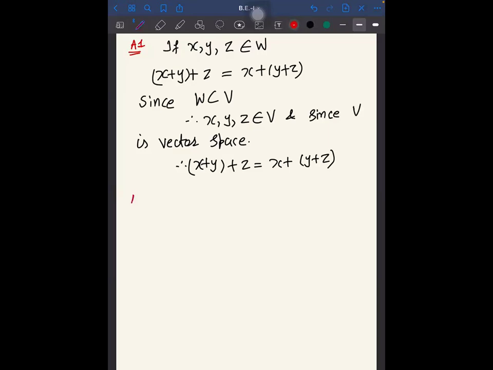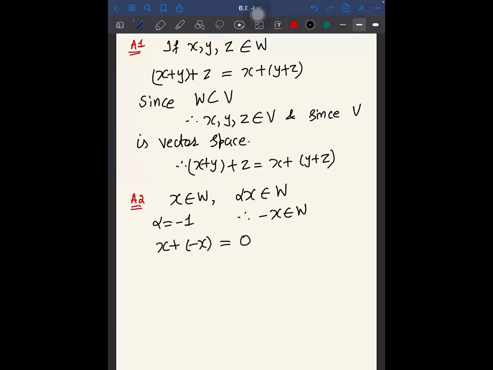Now see this. If X belongs to W, it is already given that it satisfies the scalar multiplication rule. So in particular, if you take alpha to be equal to minus 1, then minus X will also belong to W, right? And if you add X and minus X, it will always give you 0.